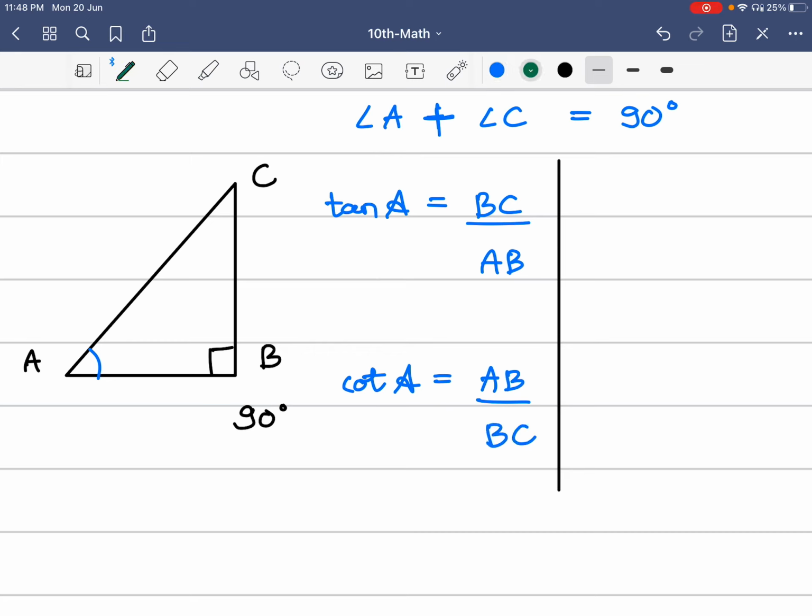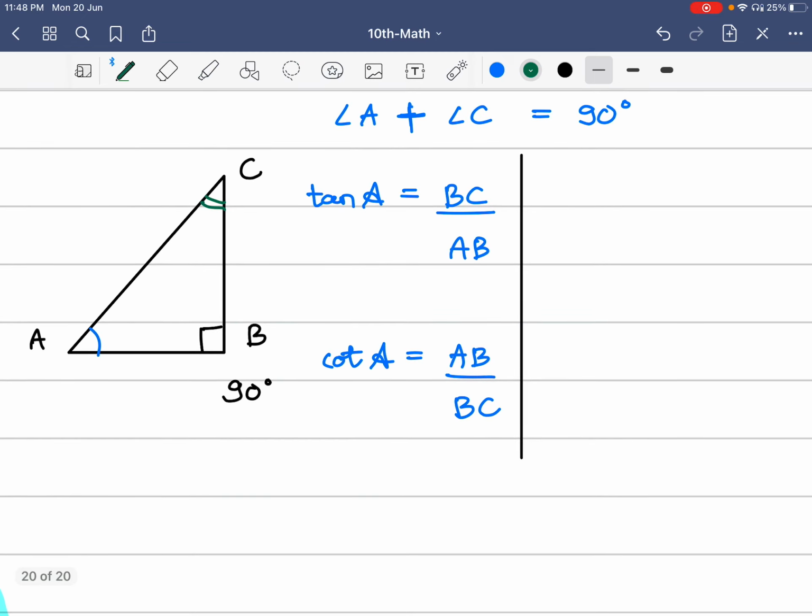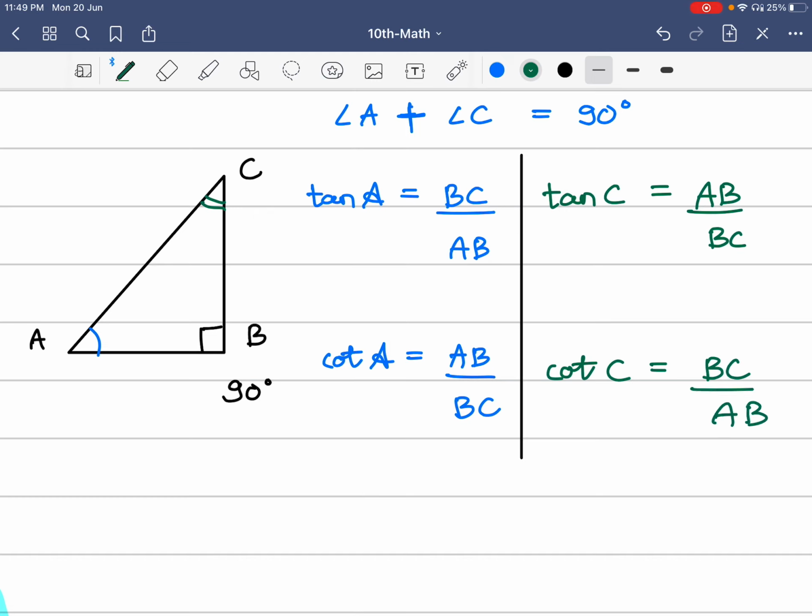Okay. Now let's focus on angle C and note down the ratios for angle C as well. Similarly we have tan of C, which is opposite side AB divided by adjacent BC, and cot of C is equal to BC by AB. Just like we noted before, here this is BC by AB.